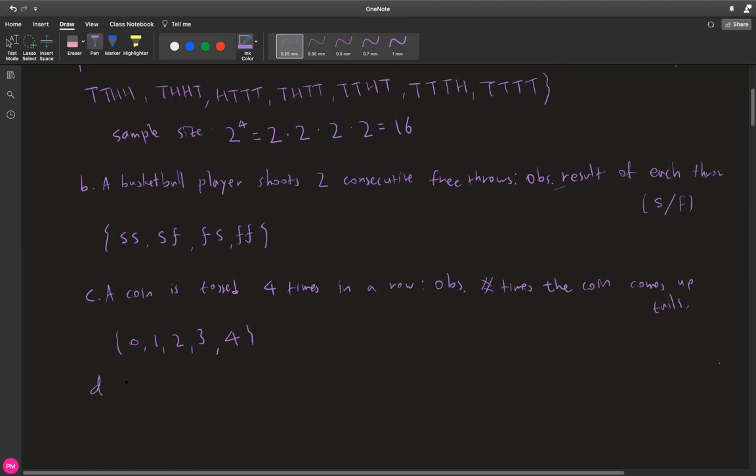Similarly, what if the problem asks a basketball player shoots, let's say in this case 3 free throws, consecutively, and we're more interested in the number of successes.